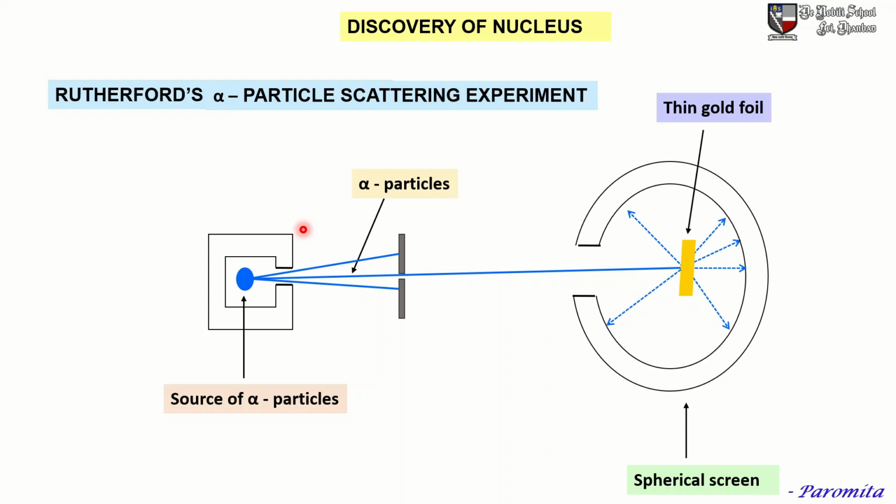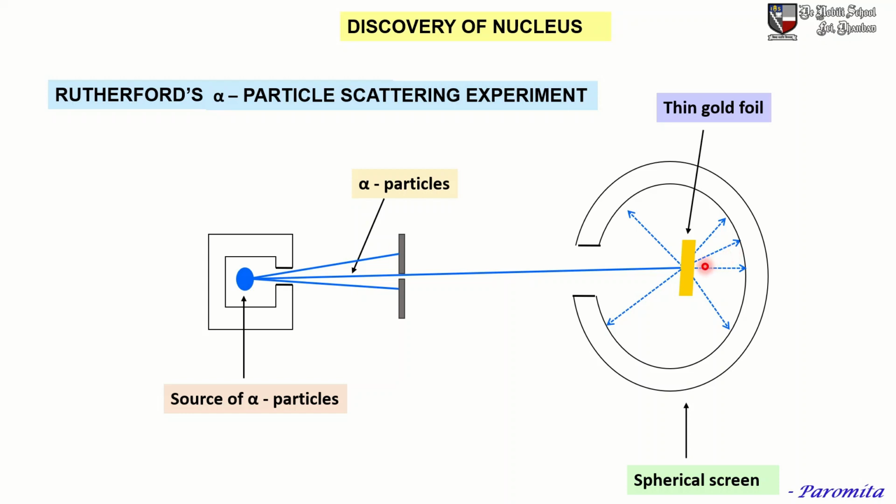The setup of this apparatus used by Rutherford is shown in this figure. The apparatus consists of a source of alpha particles enclosed in a lead block. The highly energetic alpha particles coming out from this source were collimated into a fine beam with the help of a lead slit system and were made to strike a thin gold foil.